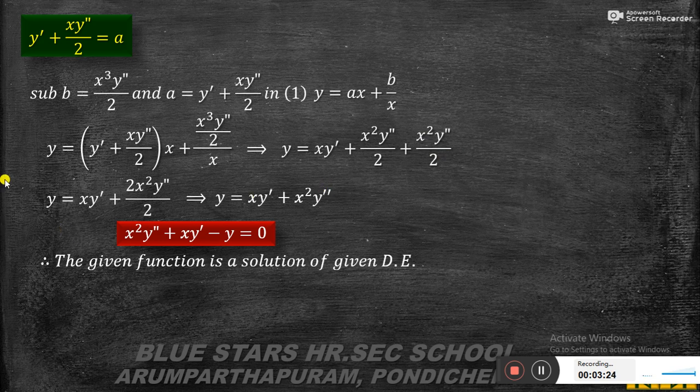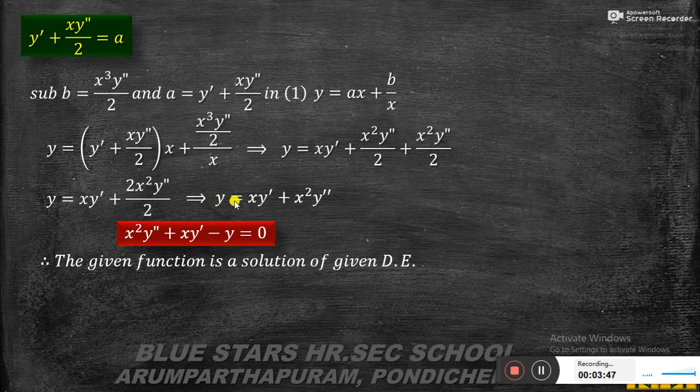So the next step, y equal to xy dash plus x square y double dash by 2, x square y double dash by 2. So 2 times of x square y double dash by 2. So the 2 cancels.